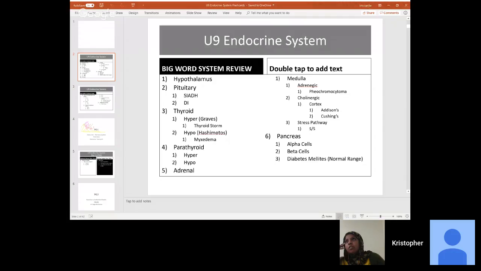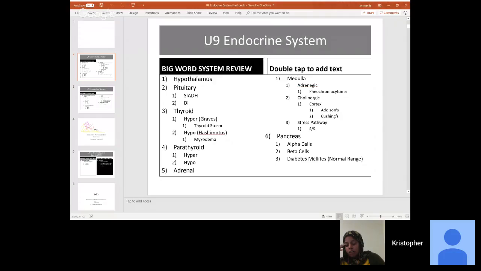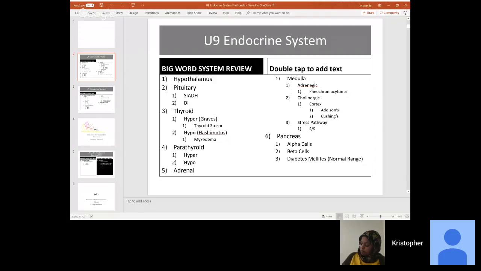So aldosterone tells the kidneys to do what? To retain the sodium. Yep, it tells the kidneys to hold on to sodium, so aldosterone is our sodium-based corticosteroid. That's easy because it tells the body to hold on to sodium. There you go. You got it.